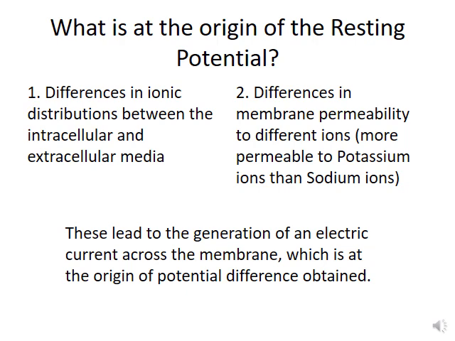Number two, we have differences in the membrane permeability to different ions. The membrane is more permeable to potassium ions than to sodium ions. This will lead to an electric current across the membrane, which will be the origin of the potential difference.